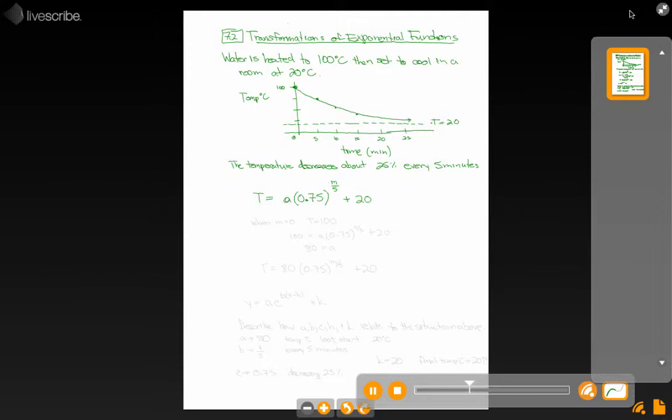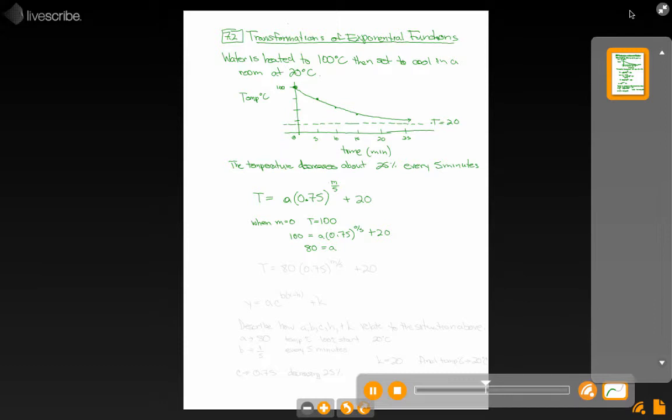The graph hasn't been shifted left or right, but it does appear like it's been stretched. And especially if we put in when minutes equals 0, the temperature equals 100, we can solve for what a has to be. So 100 equals a times 0.75 to the 0 over 5 plus 20. 80 equals a, because 0.75 to the 0 is just 1.